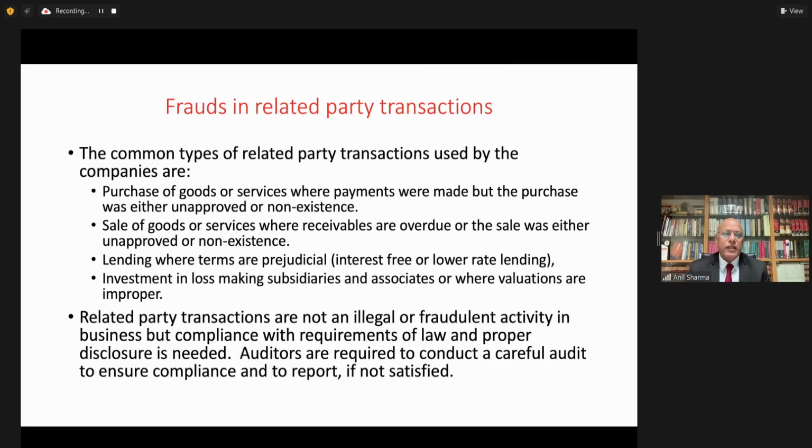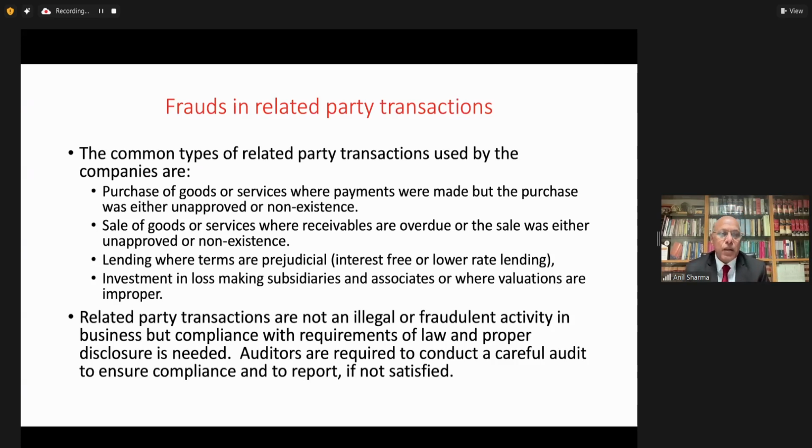It is virtually all the transactions which can happen in a profit and loss account or in a balance sheet. For example, there are cases where purchases of goods and services were used, payments were made, but the purchases were either unapproved or non-existent. Similarly, there were sales of goods or services where receivables are overdue or sales were either unapproved or non-existent.